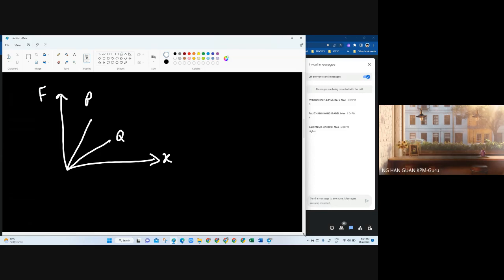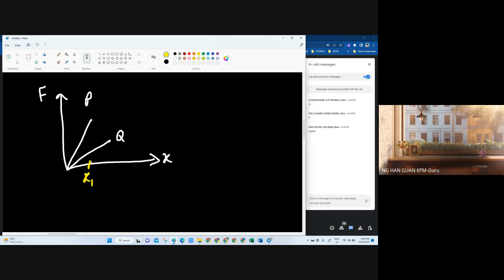To understand the graph here, you have to be careful. Look at the graph. Is it F against x or x against F? Since the graph I gave here is F against x, you can compare with the same x.